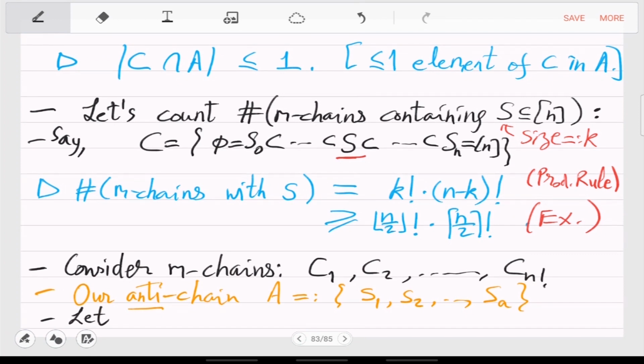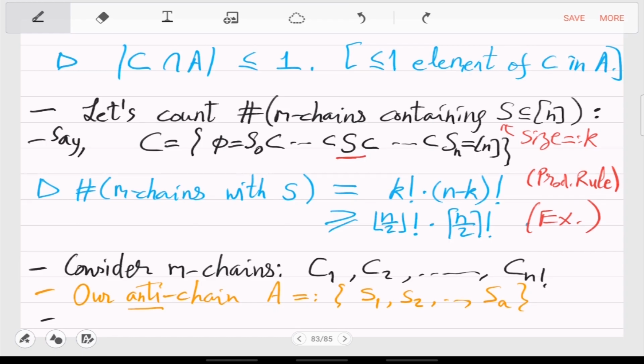Let me do it slightly differently. So we have shown that S1 and S2 cannot appear together in any of the chains, right? Or in other words, if S1 appears in some chain Ci, then no other set can appear in Ci, right?